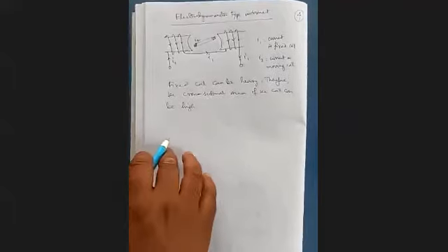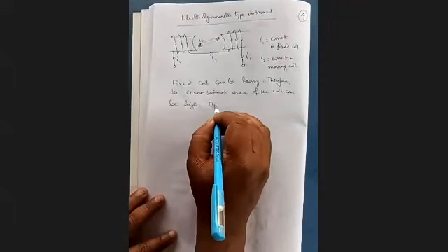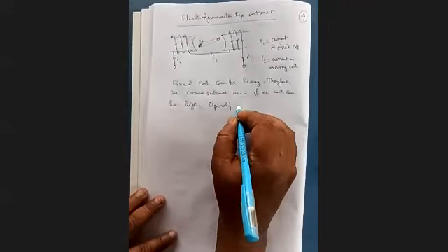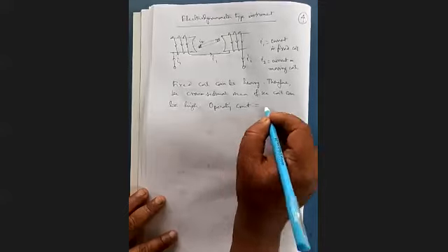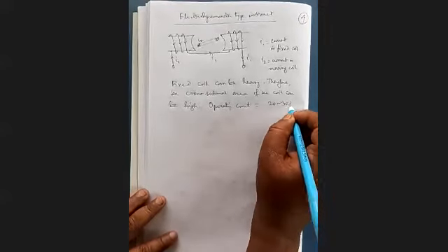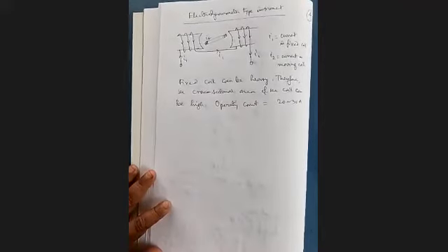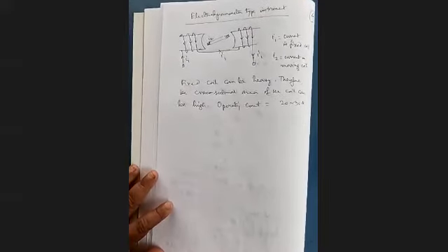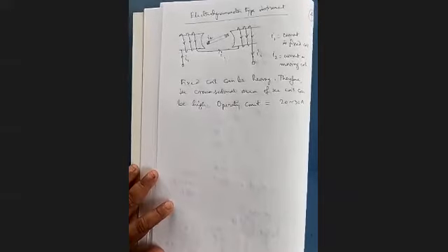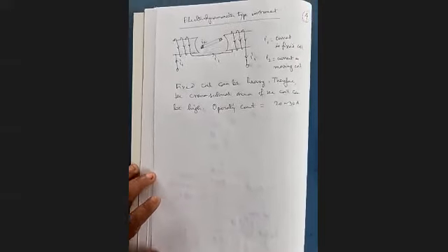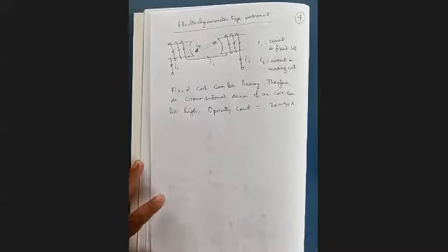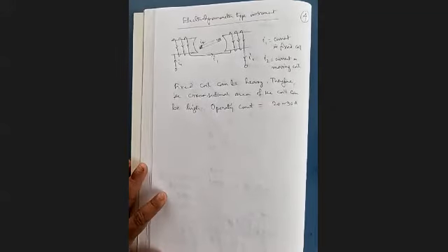The operating current here is 20 to 30 ampere directly, without any shunt or anything. And since it is carrying a large amount of current, a large magnetic field can be produced.